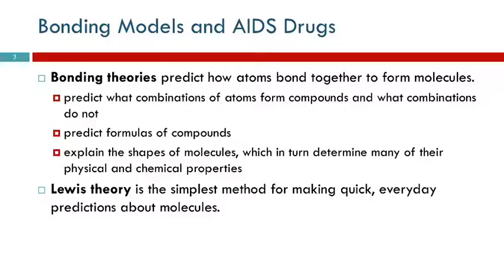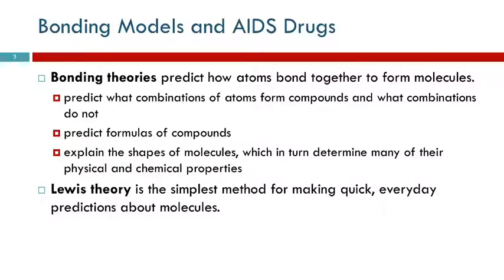We've learned about ionic compounds, how you can look at the charges and the electrons and predict formulas, but what about those molecular compounds? How do nitrogen and oxygen atoms get together? Bonding theories can help us to predict those formulas. It also helps to explain the shapes of molecules. And shapes of molecules can be really important in things like developing indinavir.